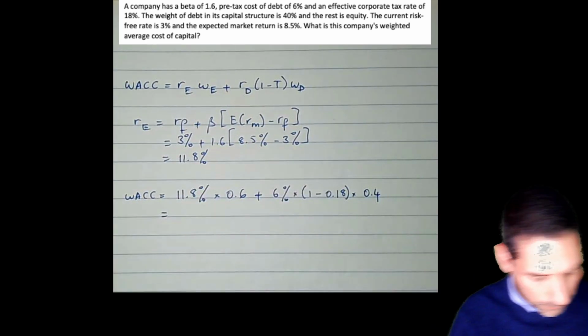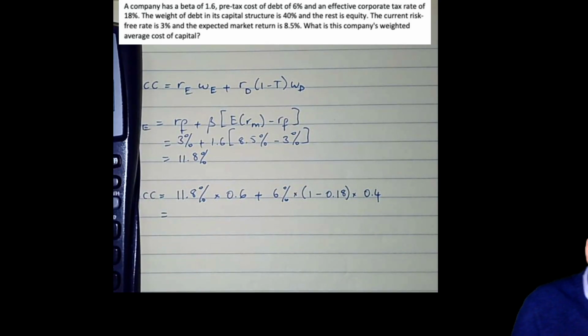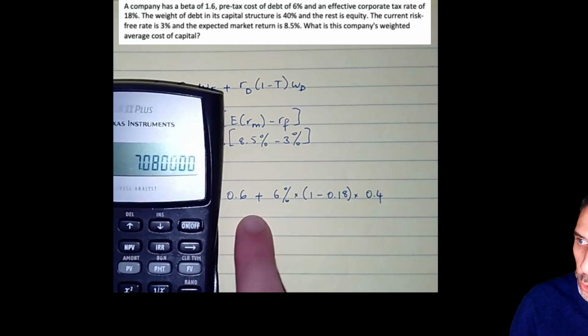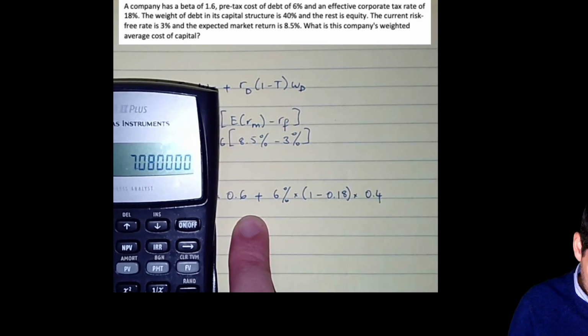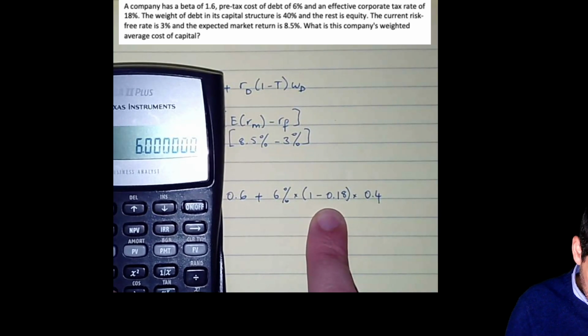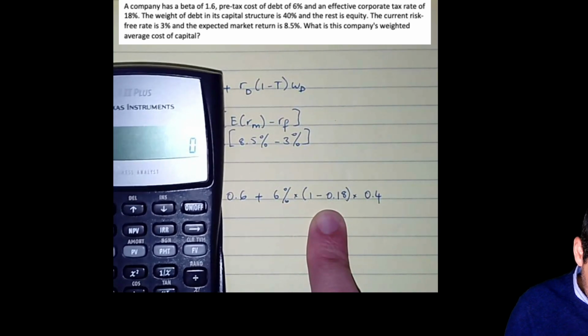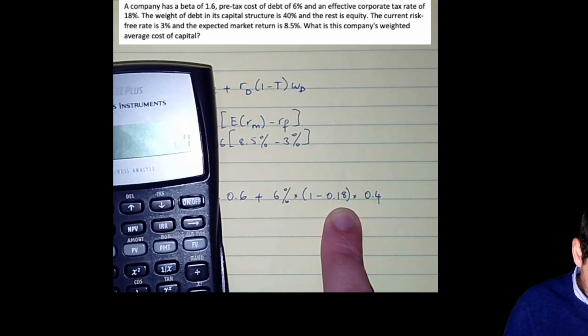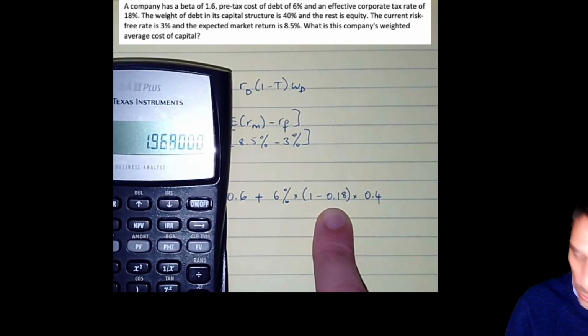All right, let's calculate that. 11.8 times 0.6, that's the contribution of cost of equity, is 7.08. Now cost of debt is 6 times 1 minus 0.18, 4.92 times 0.4, that's the contribution of cost of debt.